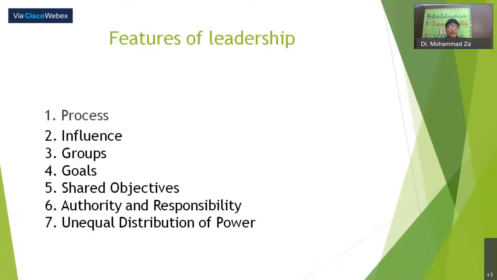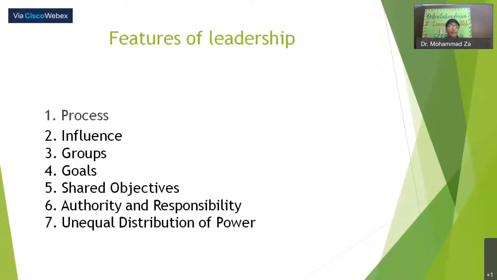The next point is authority and responsibility. The teacher is authorized like a leader, to take charge of the learning of the students. They have been given autonomy to take necessary actions in order to ensure that the desired learning takes place and every student learns what he is supposed to learn.